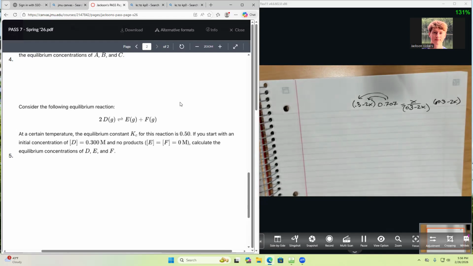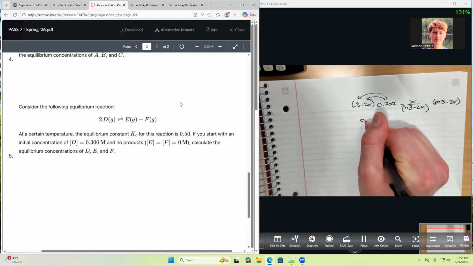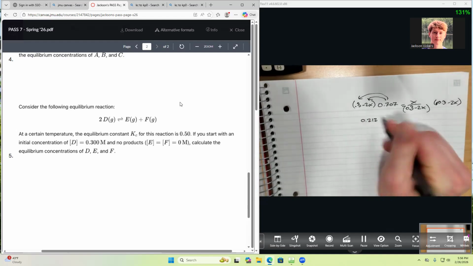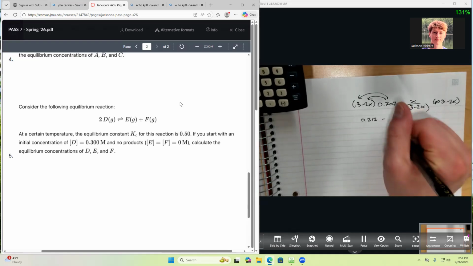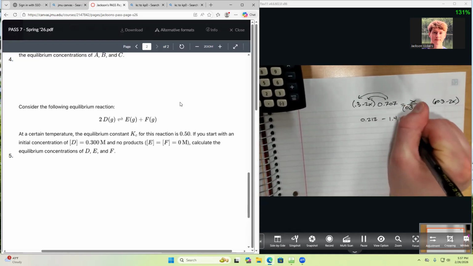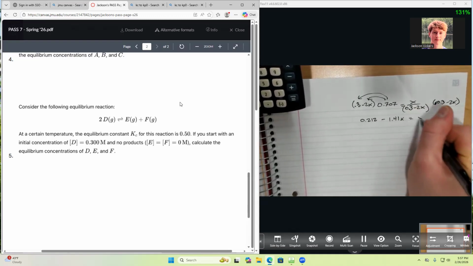So let's do that real quick. 0.707 times 0.3 is 0.212. And then we still have the minus sign here. And 0.707 times 2x becomes 1.41x. And that equals x.